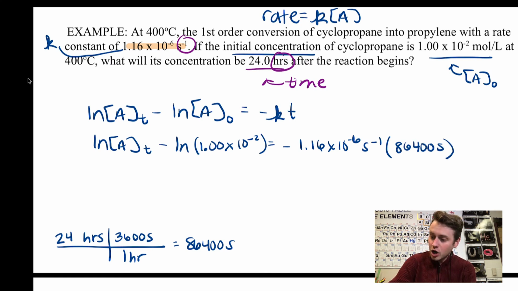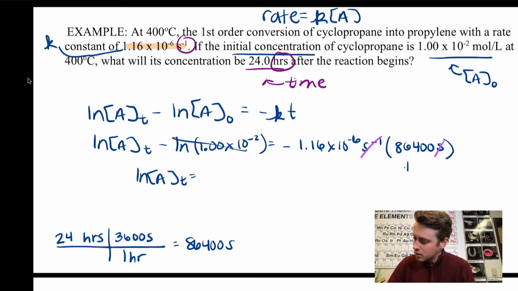And then from there, you'll notice that seconds are going to cancel, which is the whole reason we needed to make sure to do that. So I'm going to multiply: negative 1.16 times 10 to the negative 6 times 86,400. I'm also going to rearrange this and move this over to the other side.